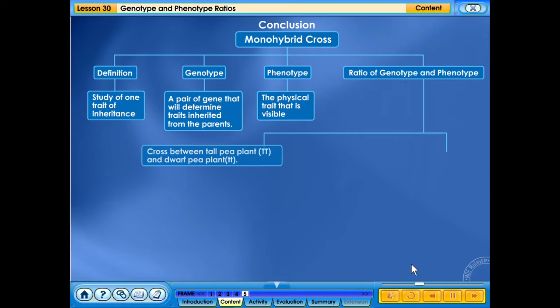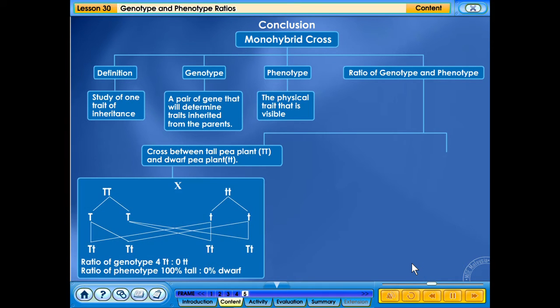Cross between tall pea plant, capital T capital T, and dwarf pea plant, small t small t: ratio of genotype 4 capital T small t to 0 small t small t, ratio of phenotype 100% tall to 0% dwarf.